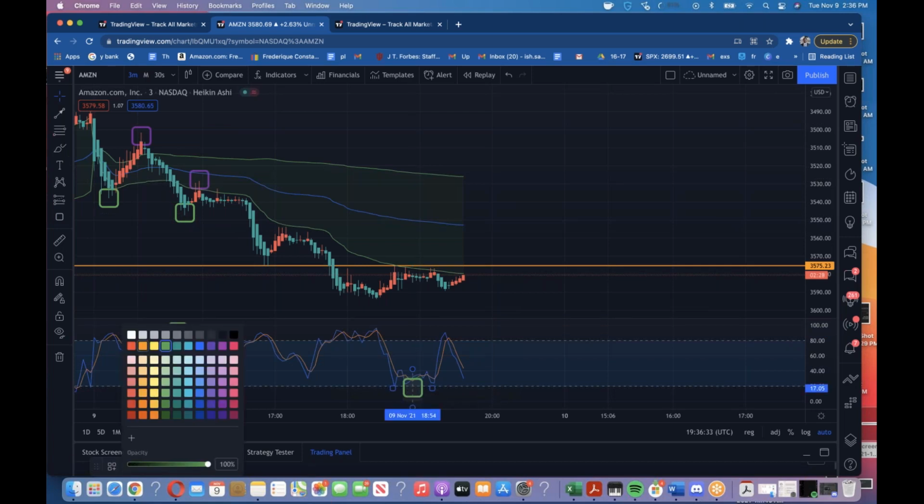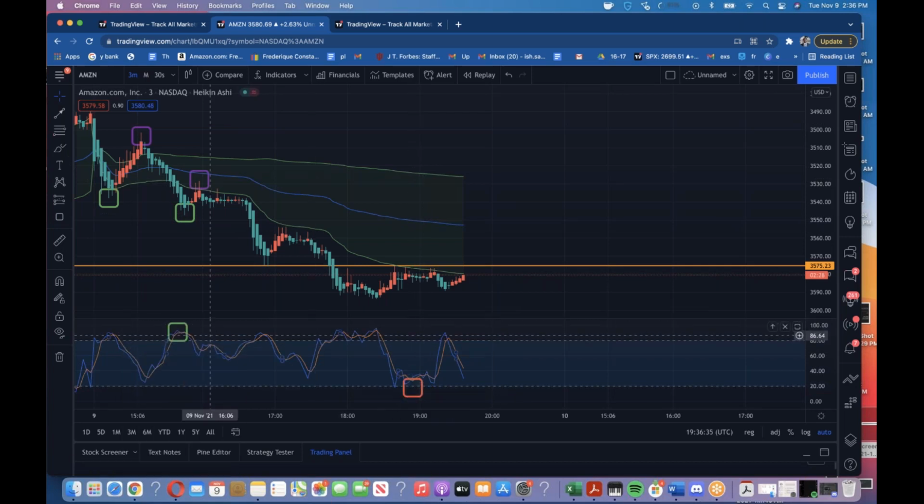We are not concerned with the stochastics when it is in the shaded range, in between 20 and 80. We care about stochastics when it is at the outlier of the range, so above 80 or below 20.